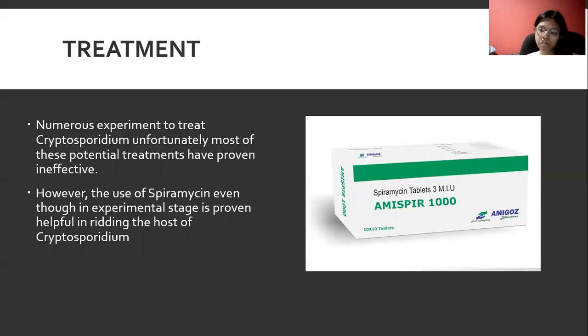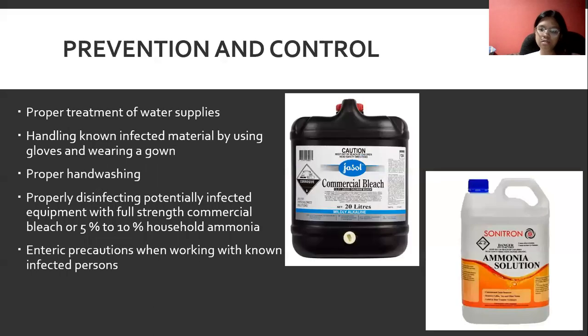However, the use of spiramycin, even though it is still in the experimental stage, has proven helpful in treating the host of Cryptosporidium. For prevention and control, since it is acquired through ingestion of water, proper treatment of water is needed.